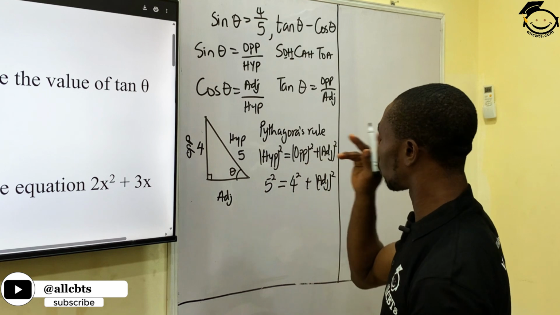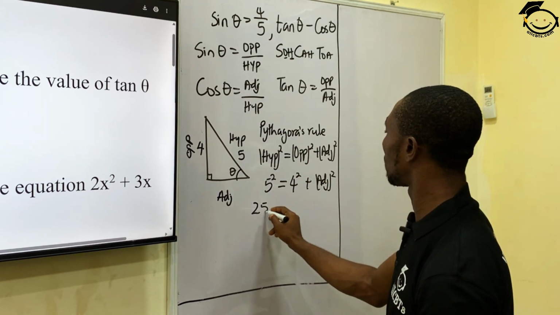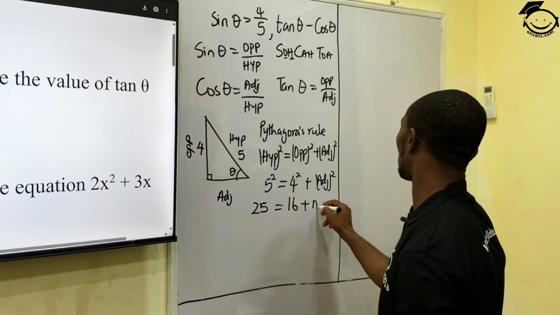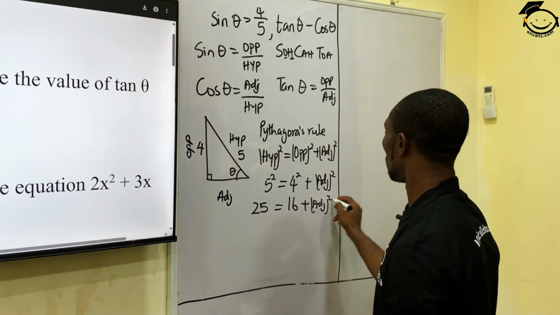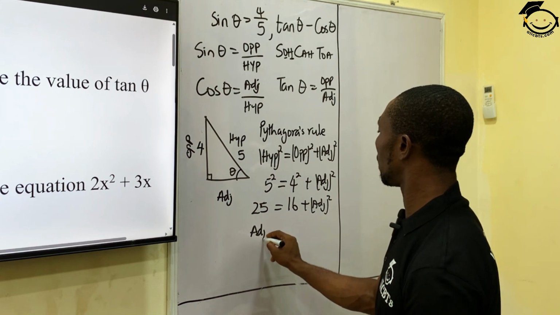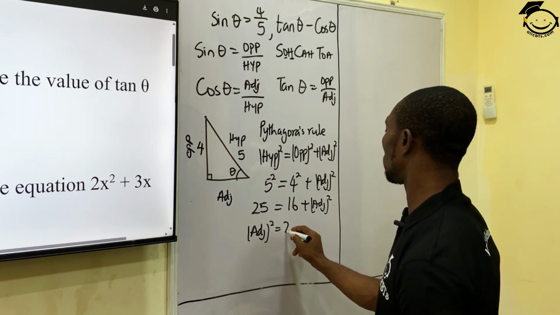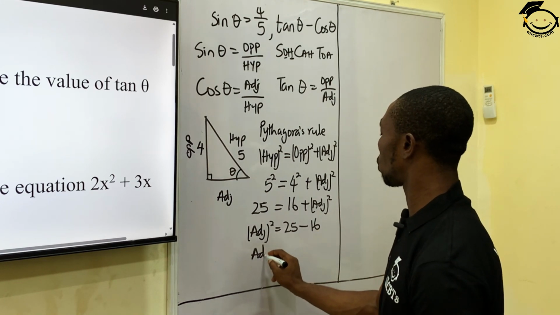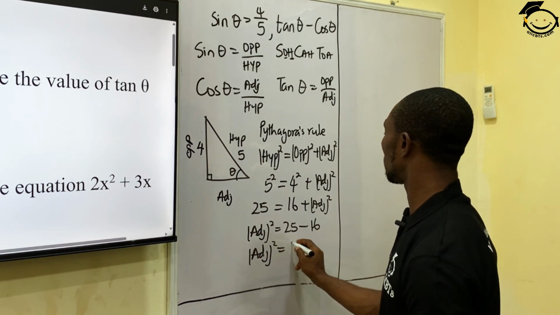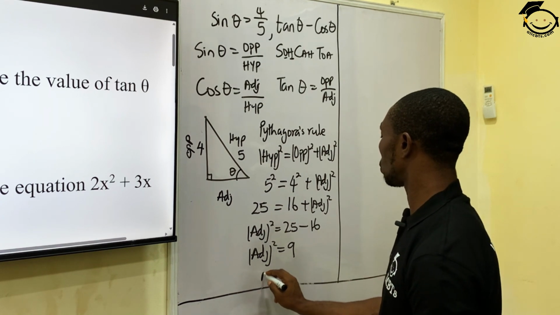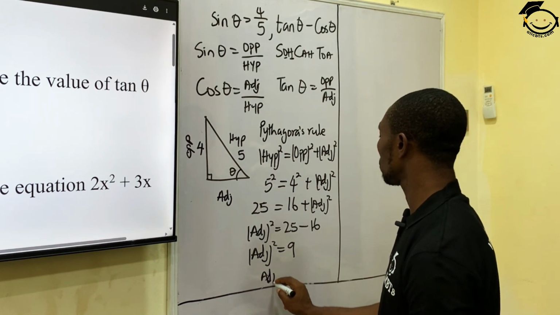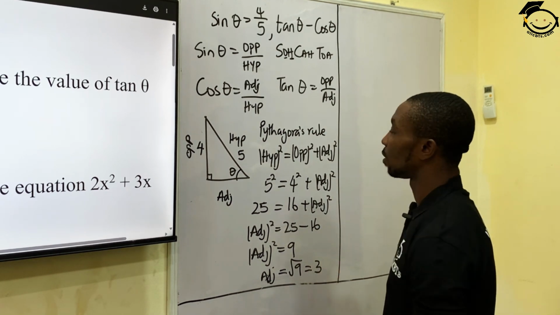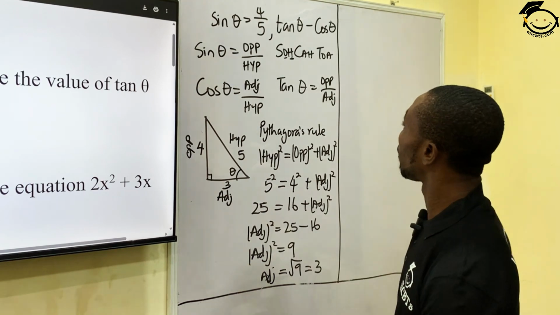Now, the square of 5 is 25, equals 16 plus adjacent squared. So our adjacent squared will be 25 minus 16, and our adjacent squared will give us 9. So adjacent will be the square root of 9, which is 3. So our adjacent here will be 3.